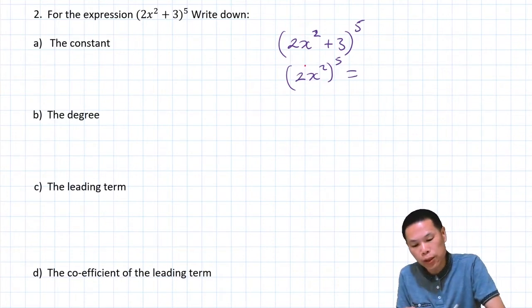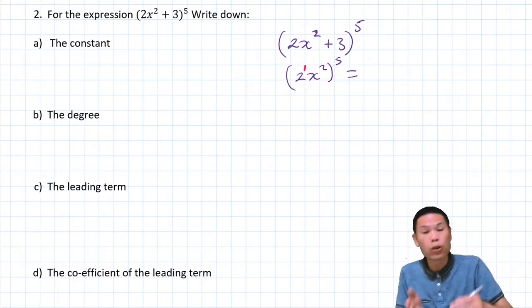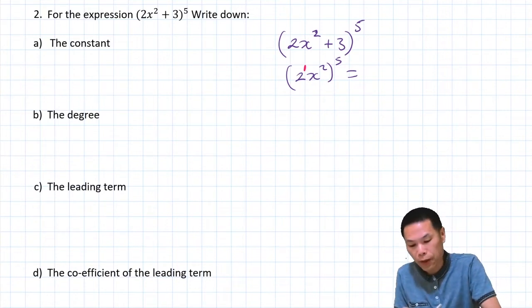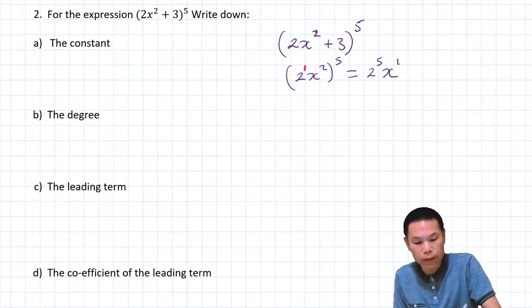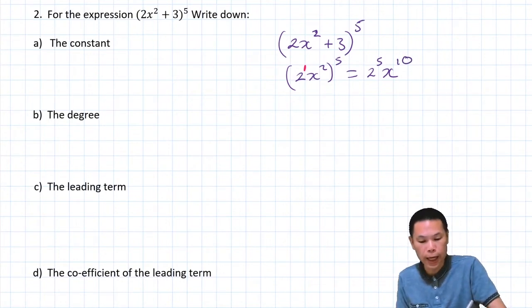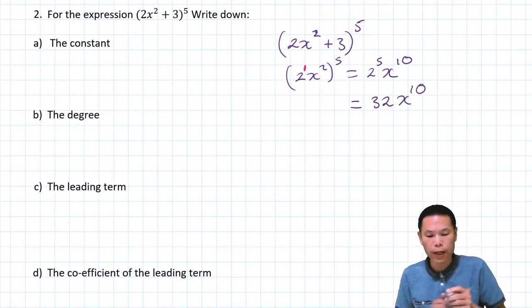Now for (2x squared) power 5, 2 is just 2 power 1, so 1 times 5 is 5. That means 2 to the power 5. And then for x, 2 times 5 is 10, so x to the power 10. Don't forget, 2 power 5 is 32. Otherwise, you can just use your calculator. There you go.